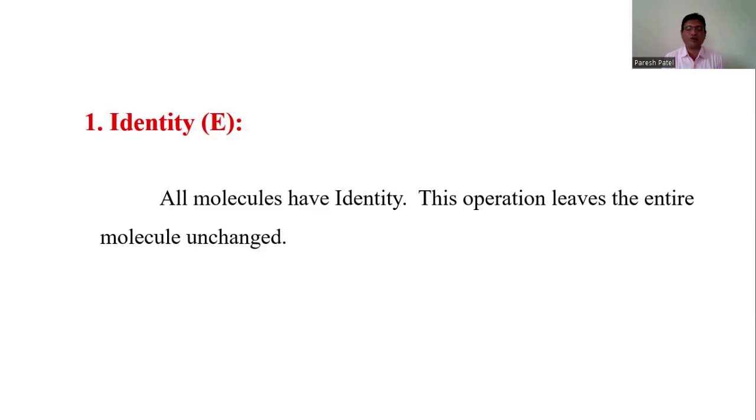Each and every molecule consists of the identity symmetry element. And if we operate the identity symmetry operation on any molecule, the molecule remains unchanged. There is no change in the position of the molecule. So the first element is identity, and if we operate identity symmetry operation on a molecule, it remains as it is.